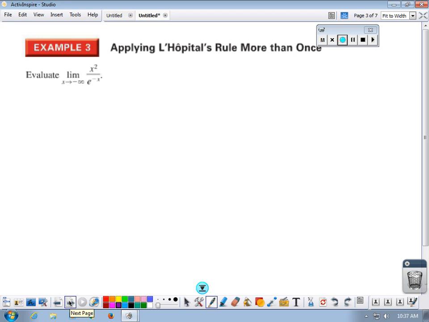Alright, applying L'Hopital's rule more than once. So we have limit as x approaches negative infinity of x squared over e to the negative x. It's kind of blurry, so I'm just rewriting it. So think about negative infinity squared.